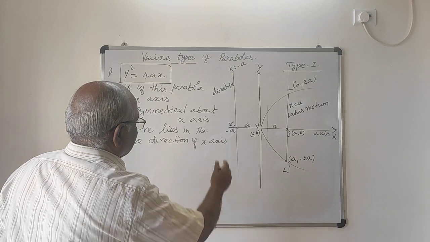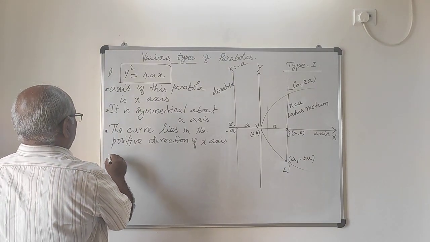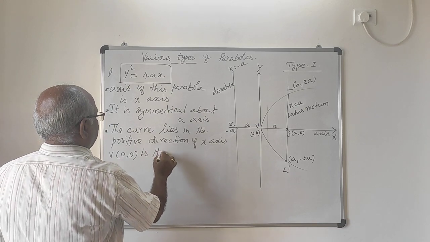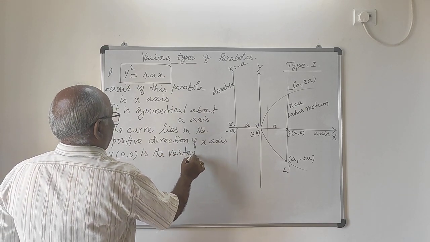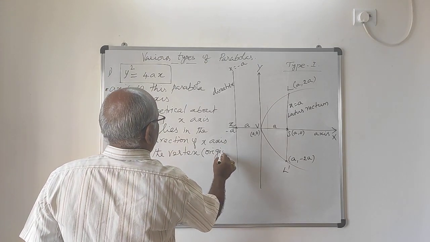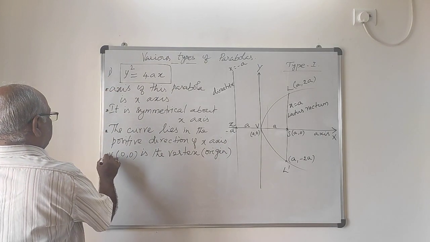And also the vertex, the origin (0, 0), is the vertex of the parabola.